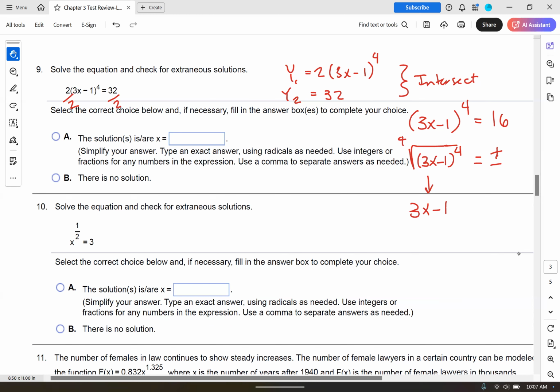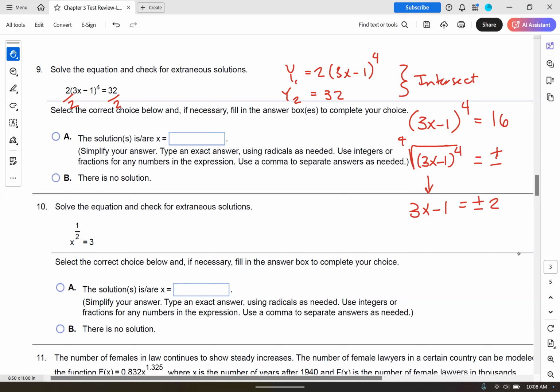And then what's the 4th root of 16? Can you figure that out? Do you need a calculator? How would you do that? No, the 4th root of 4 is something really big. Four. No, three. No, 2, because 2 to the 4th is 16. Very good.